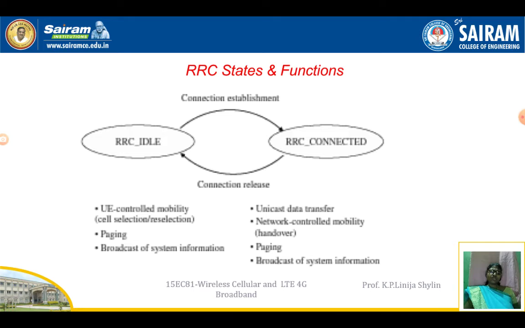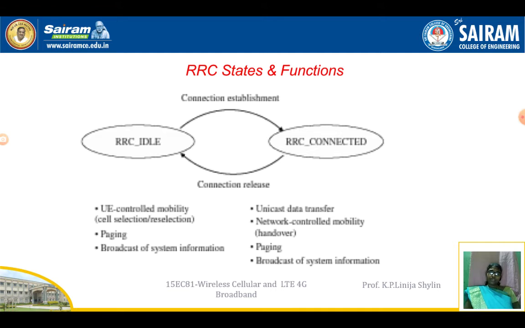We have a question: how can the tracking area of the user equipment be determined? To identify the area of the user equipment, we allocate an ID for it. Using that ID, we can track the area where the user equipment exactly is, and also detect incoming calls.